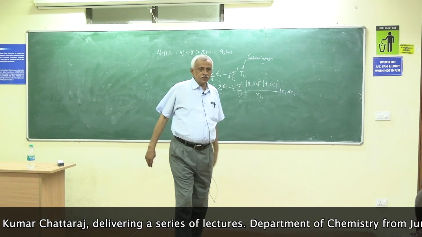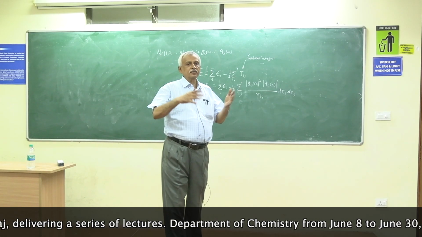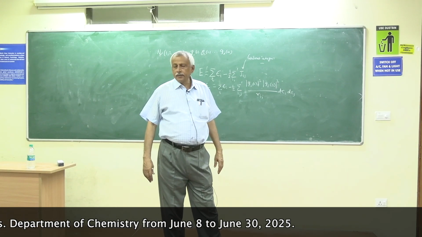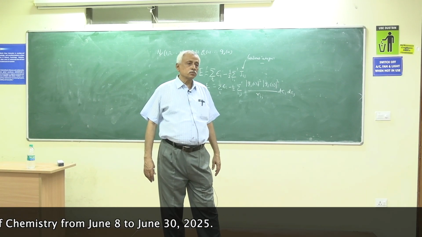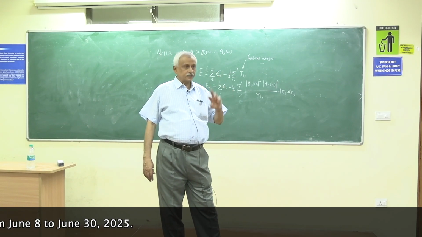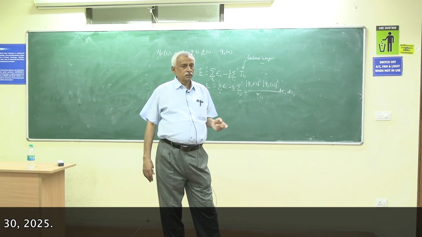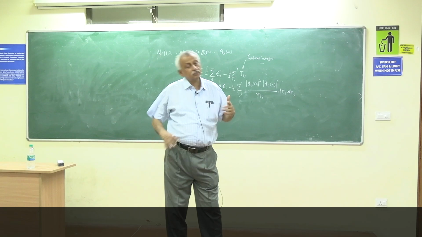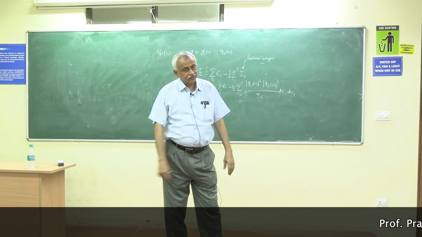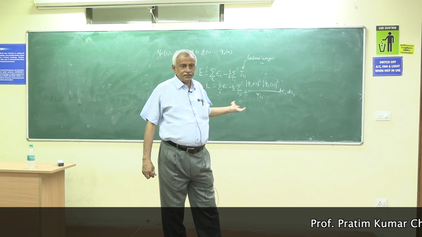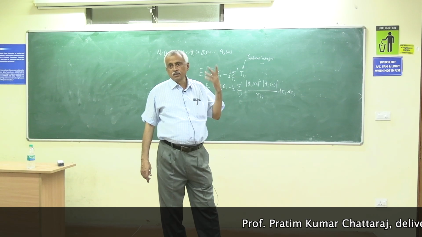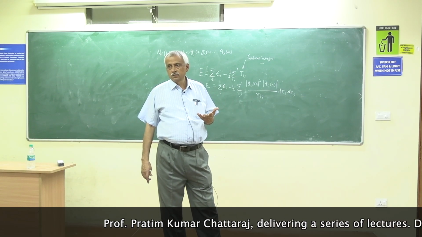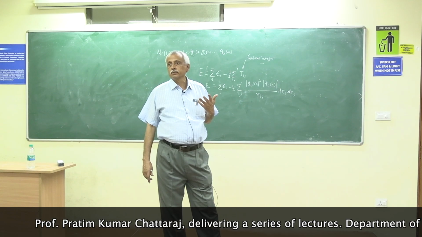For bosons it should be symmetric, that means the same function multiplied by +1. In the case of fermions like electrons, it should be antisymmetric, which is Pauli's antisymmetry principle. That means the wave function must change its sign. Here the Hartree product wave function doesn't satisfy Pauli's antisymmetry principle.